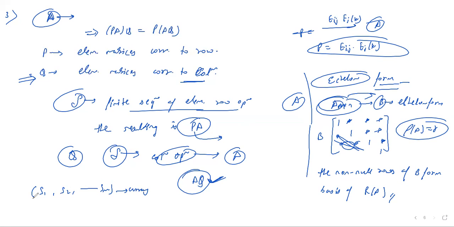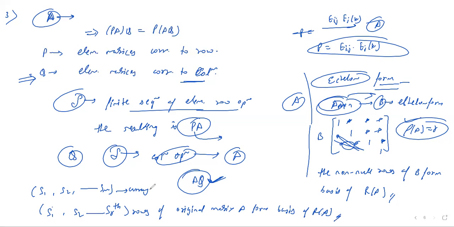Then, as the rank of this matrix is r, the first r rows S1, S2 to Sr of the original matrix A form a basis of the row space of A. So this is the case when we want to find the basis with respect to the original matrix, and we can find the basis with respect to its echelon form too: all the non-null rows of B form a basis of the row space of A.